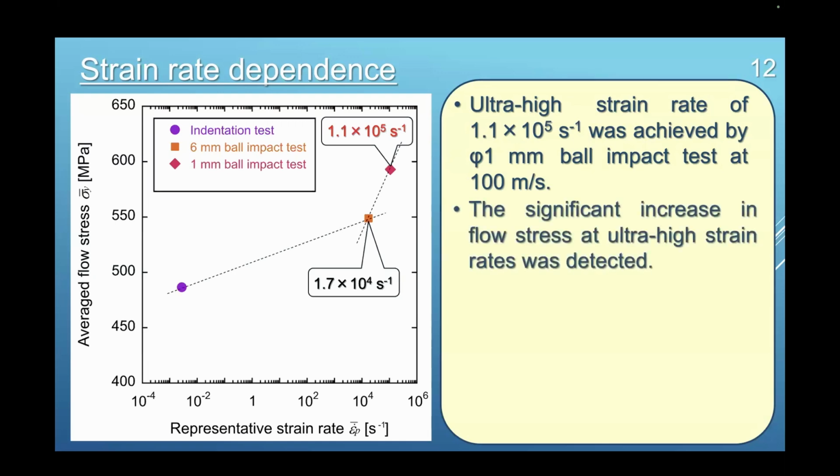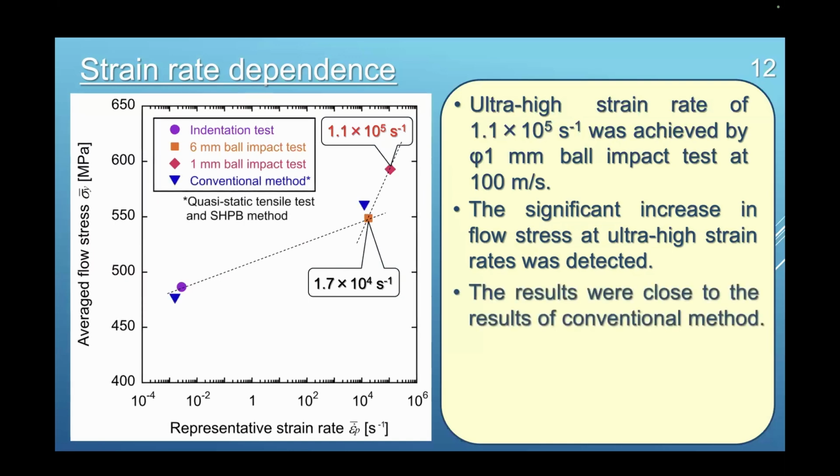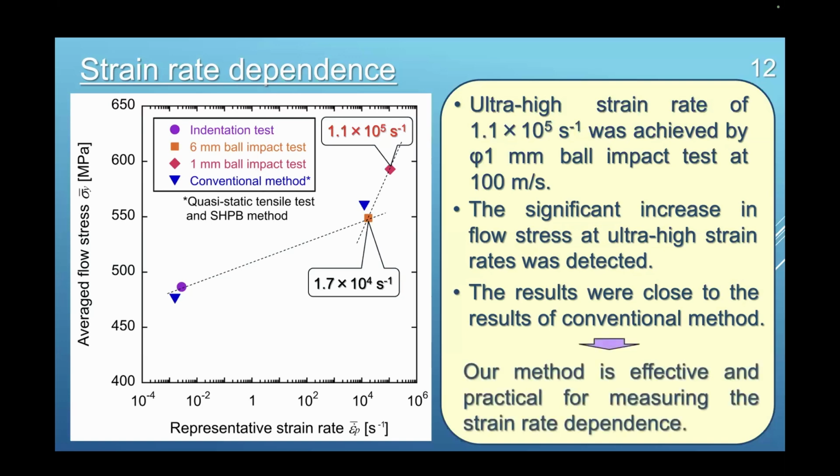And comparing these slopes, a significant increase in flow stress after the high strain rate was detected. In addition, the results of our method were close to the results of the conventional method we conducted. Consequently, our method is effective and practical for measuring the strain rate dependence.